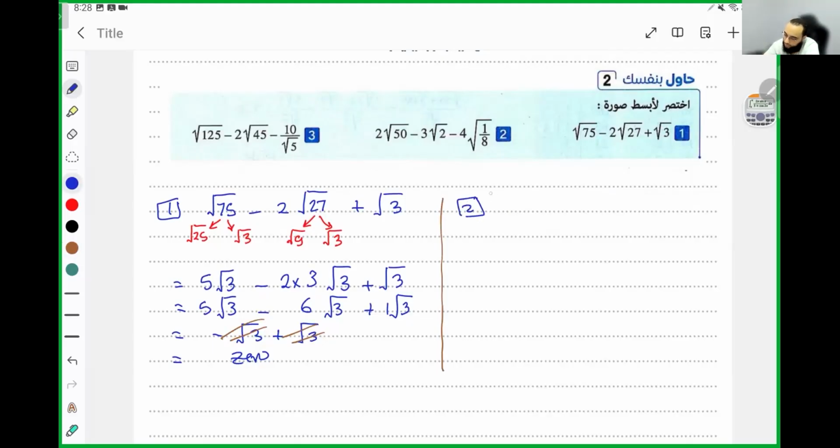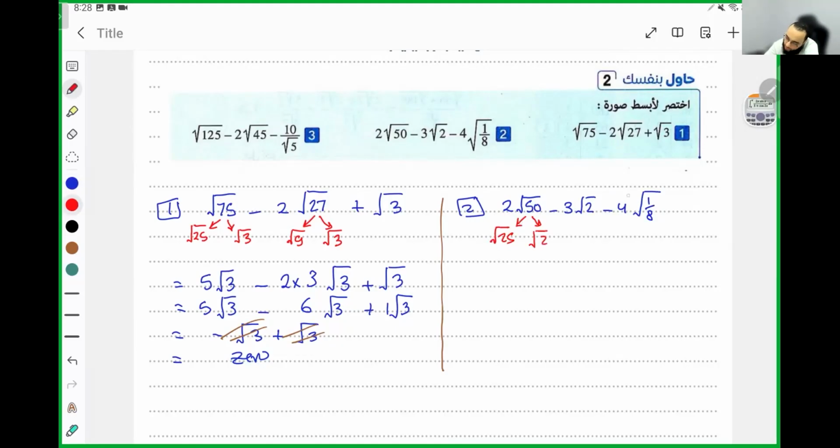Lamar, 2 root 50 minus 3 root 2 minus 4 root 1 over 8. Okay. How can you decompose 50? 25 times 2. Okay.